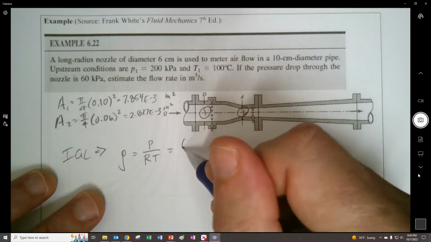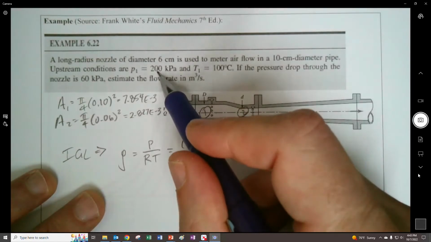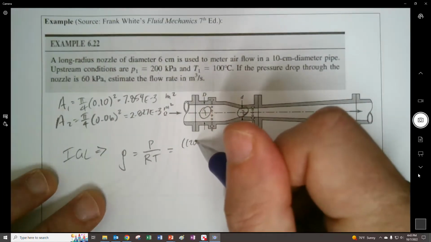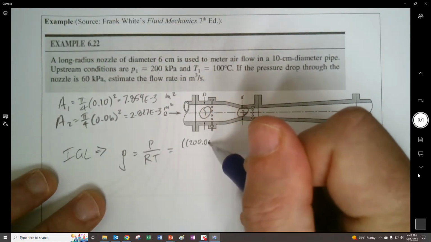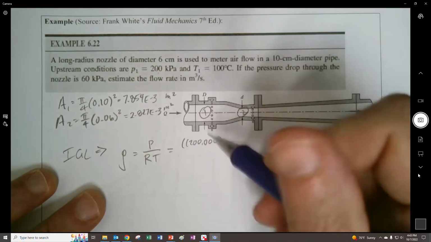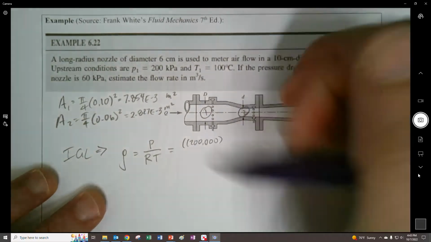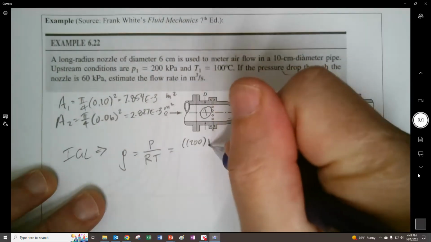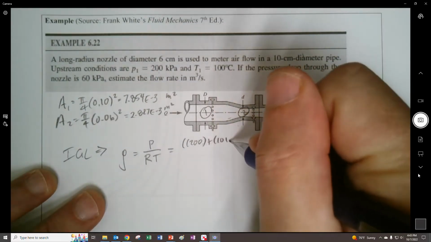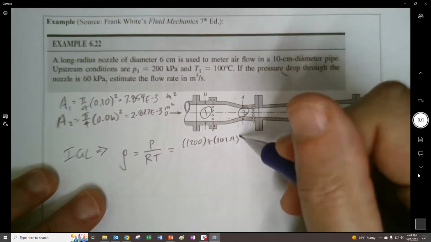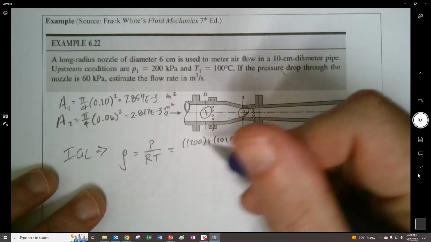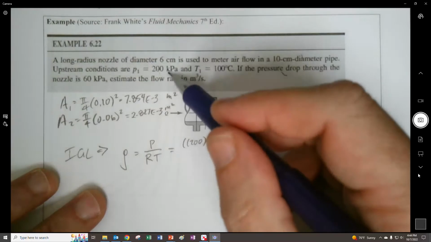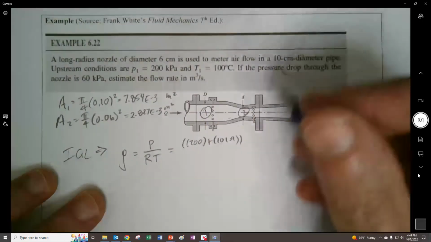The pressure is 200 kilopascals, but remember it needs to be absolute. So we're going to add 101, 101.4 if we're going to be precise, for atmospheric, because we want absolute pressure, and this is almost certainly gauge pressure.